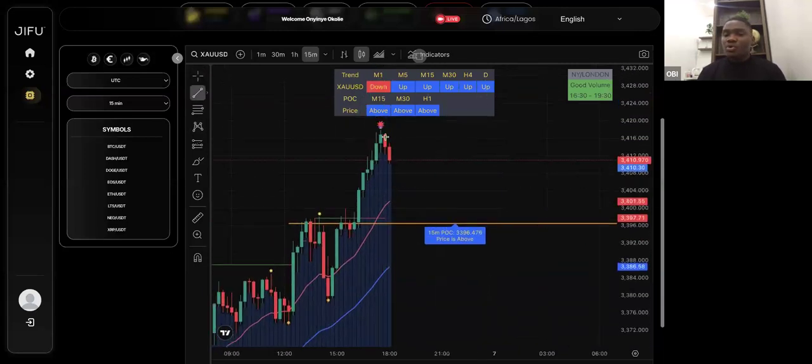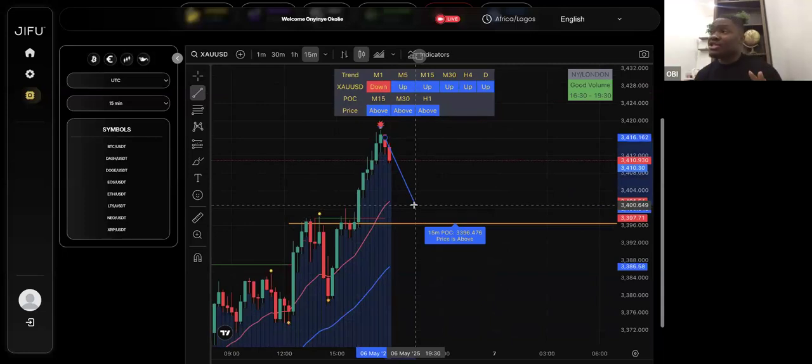The moment you see that gold is reversing down towards the orange line, we assume that the buyers are losing energy and are losing control.